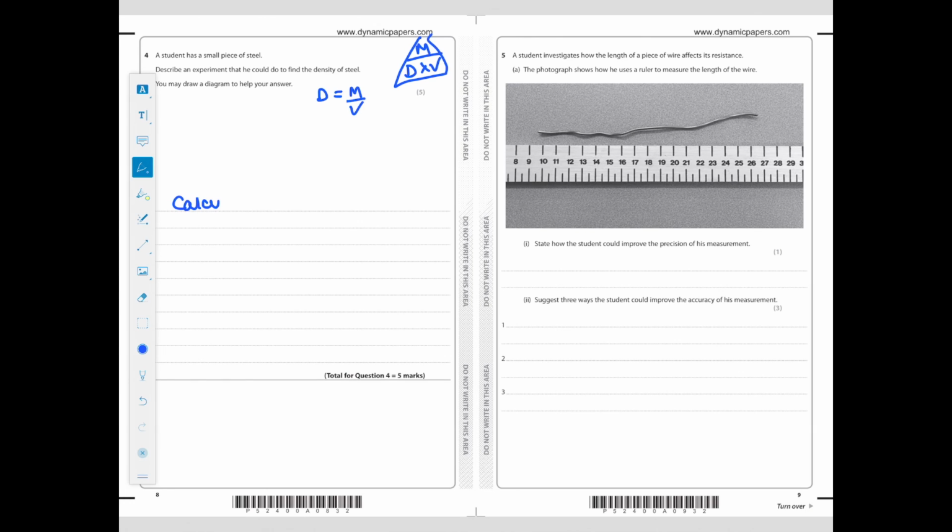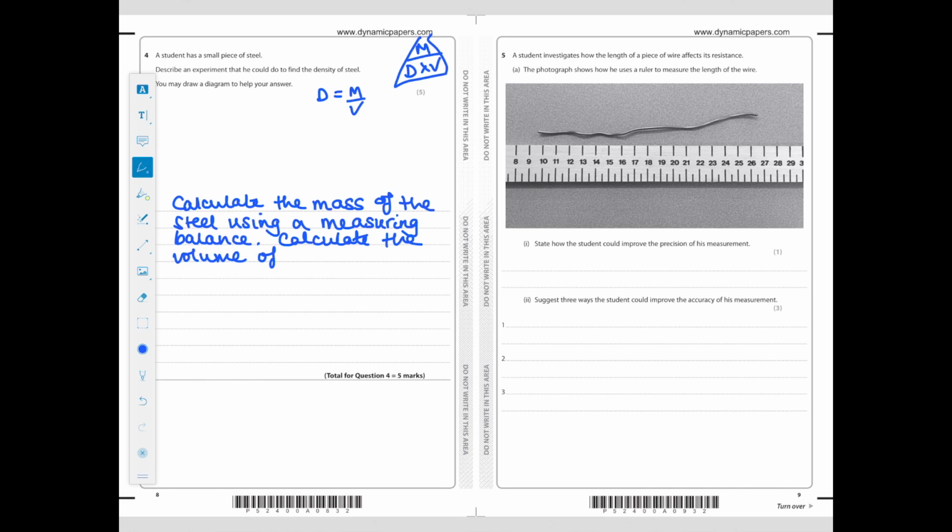So calculate the mass of the steel using a measuring balance. Calculate the volume of the steel using, and remember, when you have an irregular shape, you use the water displacement method.